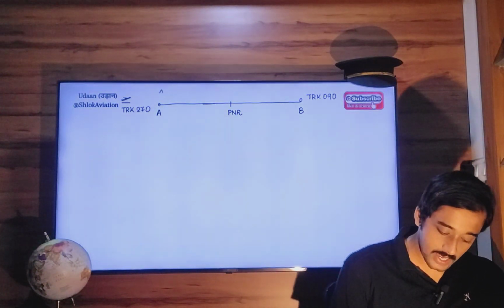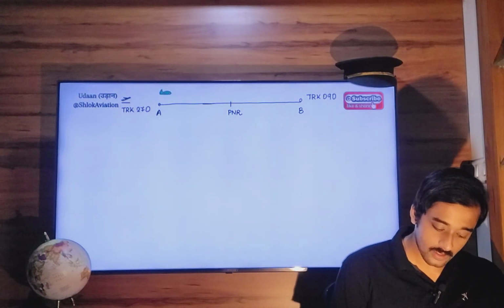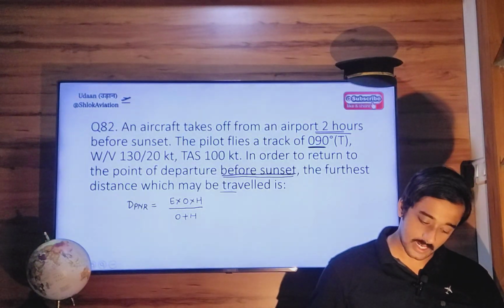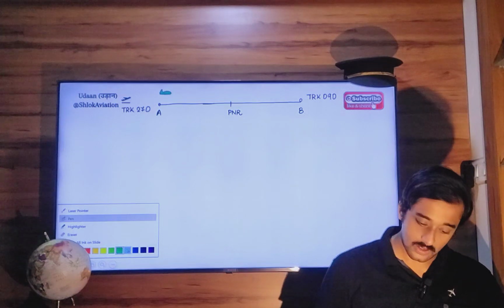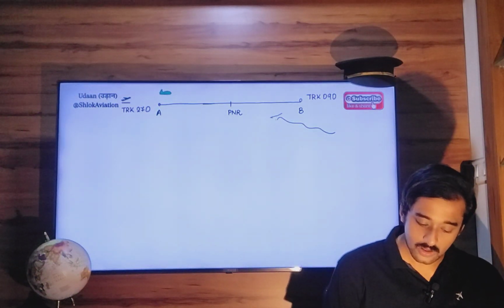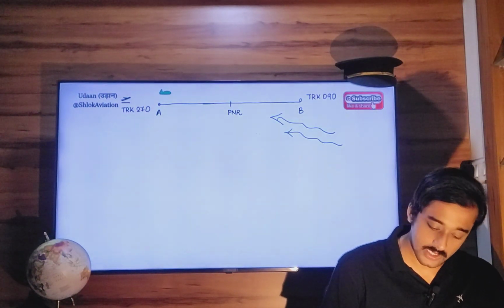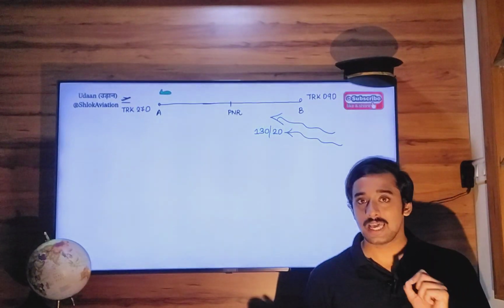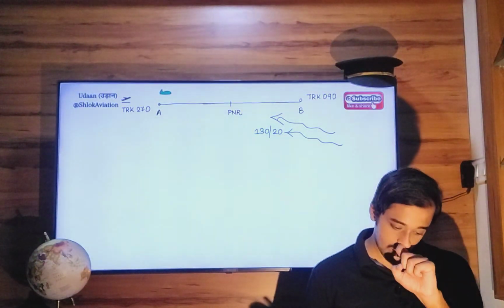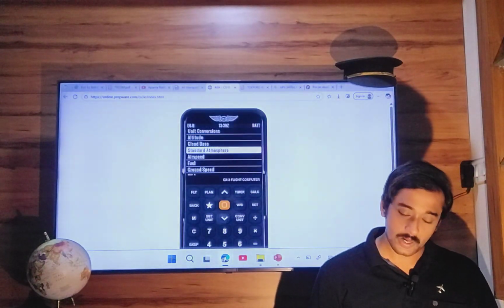This is your aircraft flying outbound at a task of 100 knots, winds are coming from 130 at 20. So now we will use CX3 to find out our outbound ground speed. Go to wind correction option.